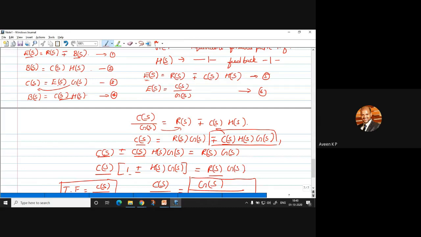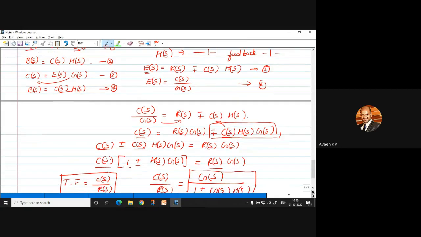What will happen? Minus will change to plus, plus will change to minus. The same I have written here, C of S plus or minus C of S, H of S, G of S, that is equal to R of S, G of S.